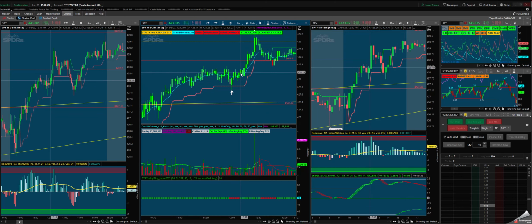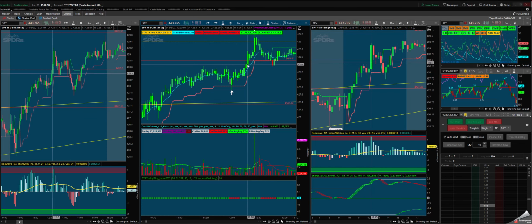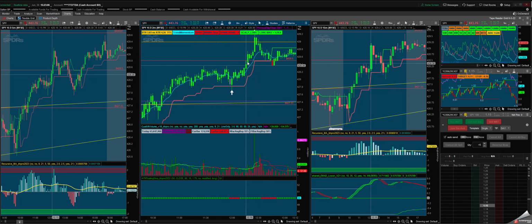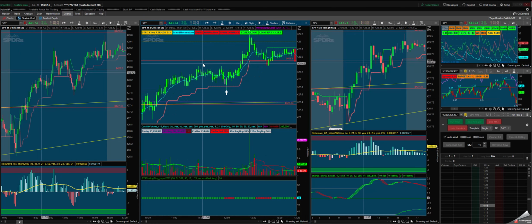We get it here, so then you could ride it all the way up to 429.30, and then right here our stop hits. So you could have got another great move just based on the 9 EMA and the ATR trailing stop, and the fact that we're in this bullish context, as I like to call it.